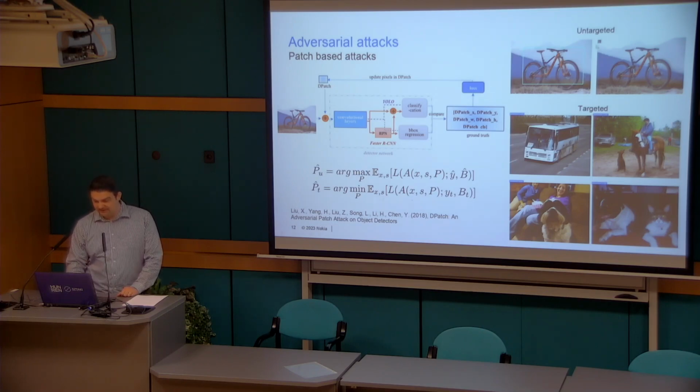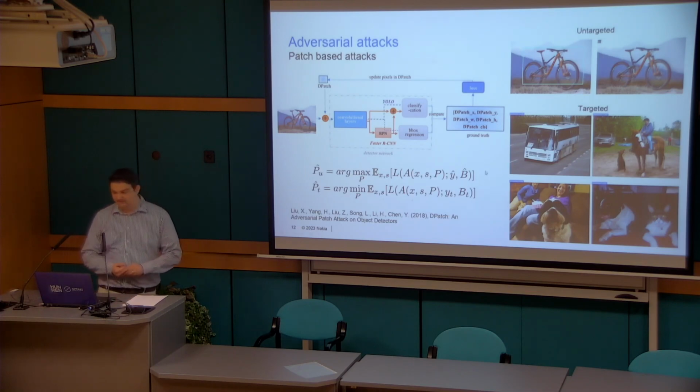But as soon as we apply this trained patch on the top left, the bicycle was not found by the network. In the case of targeted attacks, you can see that we apply this patch on the top left. The network found it, so there you can see this red rectangle, and the category of the image is totally different, so it's not able to detect the objects. So this is how we can fool the networks.